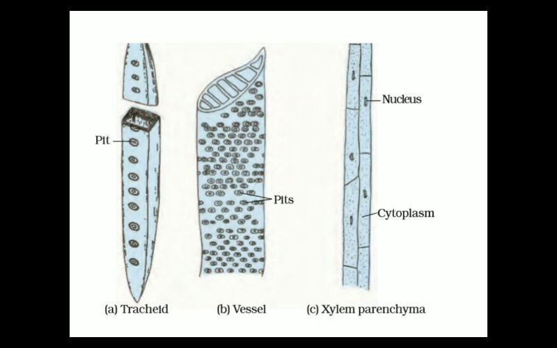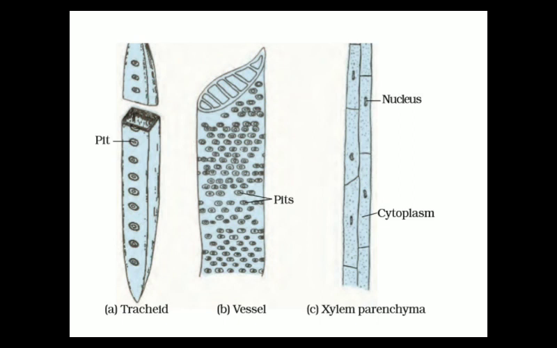This is the diagram of tracheids, vessels and xylem parenchyma. Mainly in xylem, the tracheids and vessels are the main conducting elements, meaning water will be conducted through these tracheids and vessels. Always remember that xylem helps in conduction of water, while food is transported with the help of phloem.